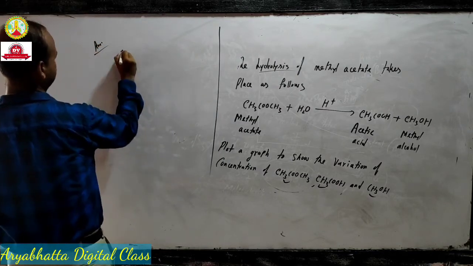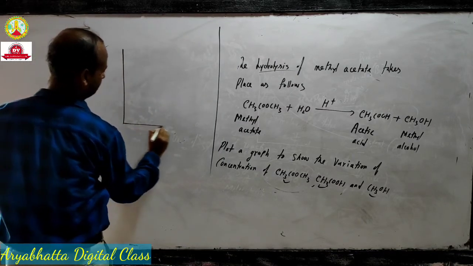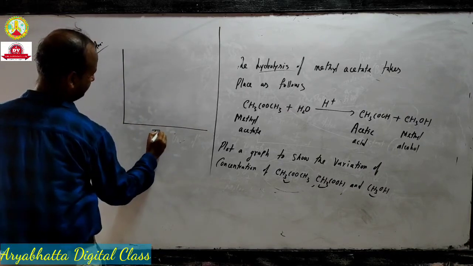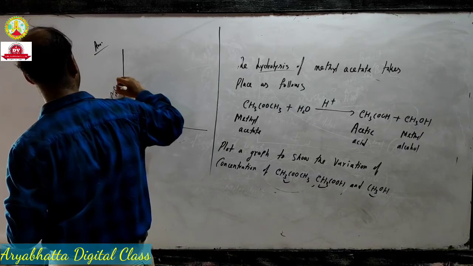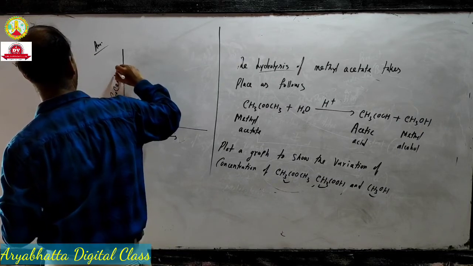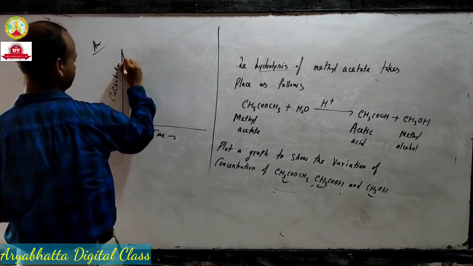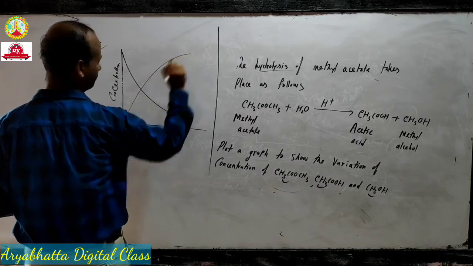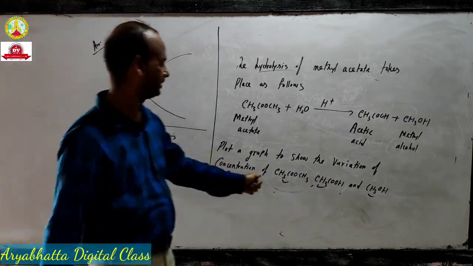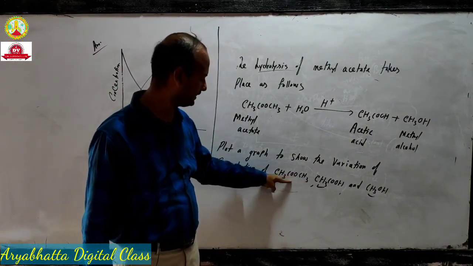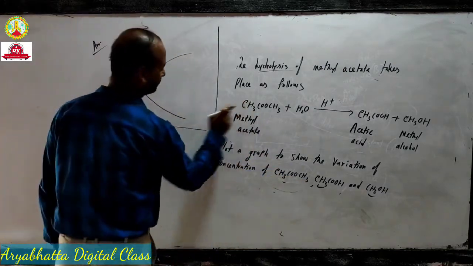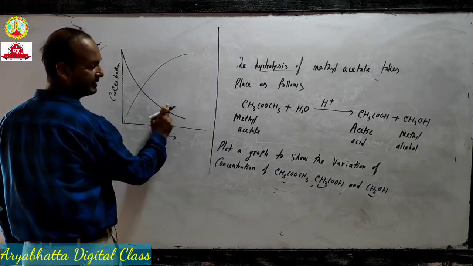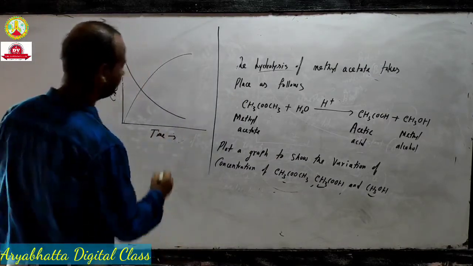The graph will be this type. This is time, this is concentration. These are for reactant, this is product. First see whether this is reactant or product. This is obviously reactant, so it will come on this side because this graph represents the variation of concentration of reactant.